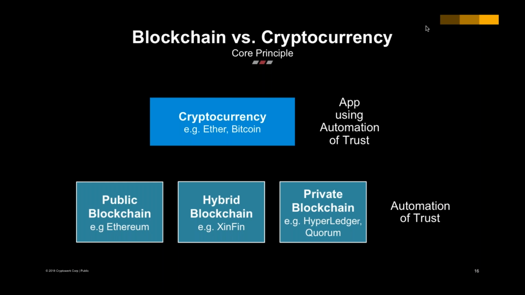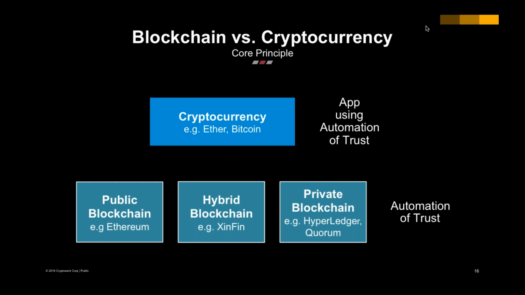So a very different world. It's a little bit like intranet versus internet. It has a number of advantages, but also disadvantages. I'm going to touch on them in a moment. And then in the middle, you see hybrid blockchains, essentially trying to combine the best of two worlds. For example, Zinfin in this case is using the Ethereum public blockchain in a private setting combined with Quorum.